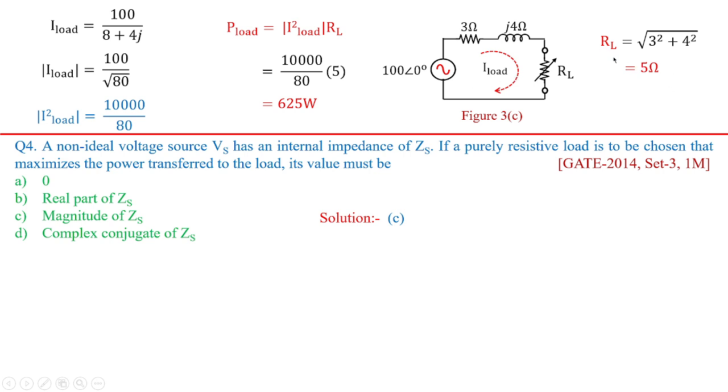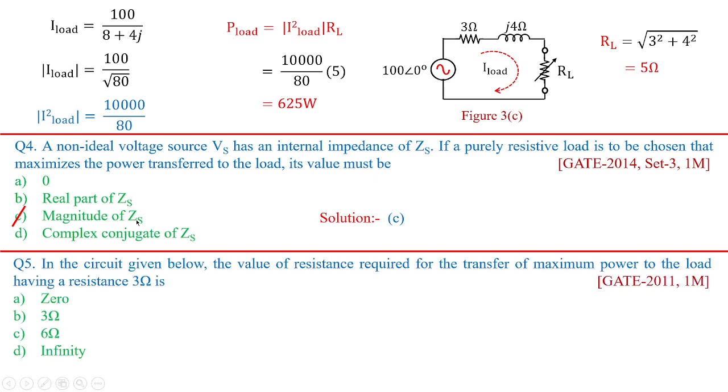That's why we have solved these problems and then come back to this particular question. So the answer here is the magnitude of Zs. Option C is the right answer. Yes, you need to be careful while answering the numericals when we are dealing with Thevenin's theorem and the maximum power transfer theorem. Very interesting concept. So directly, without any solution, we can get the answer as the magnitude of Zs.